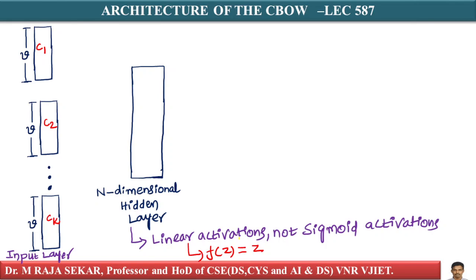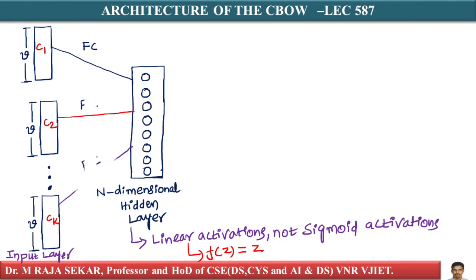There are n units here. How many units in this particular hidden layer? There are n units here. So this is fully connected. This is also fully connected, and so on and so forth. This kth one is also fully connected. How many weights are there here?